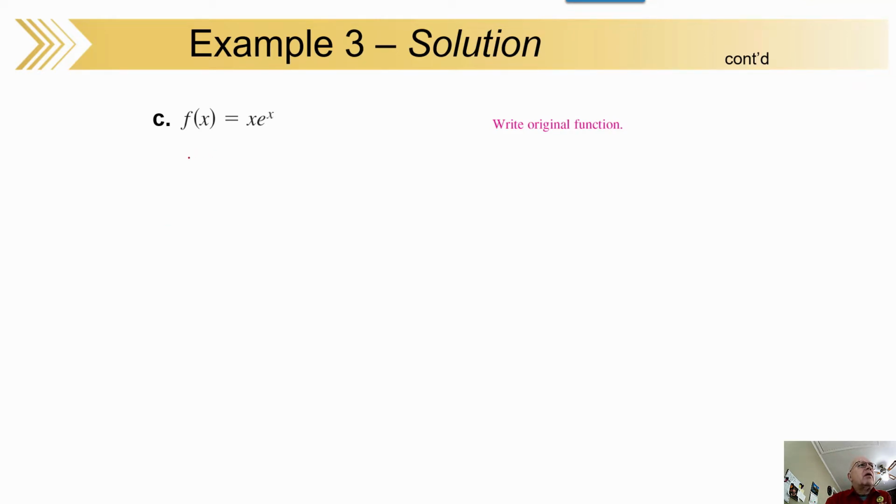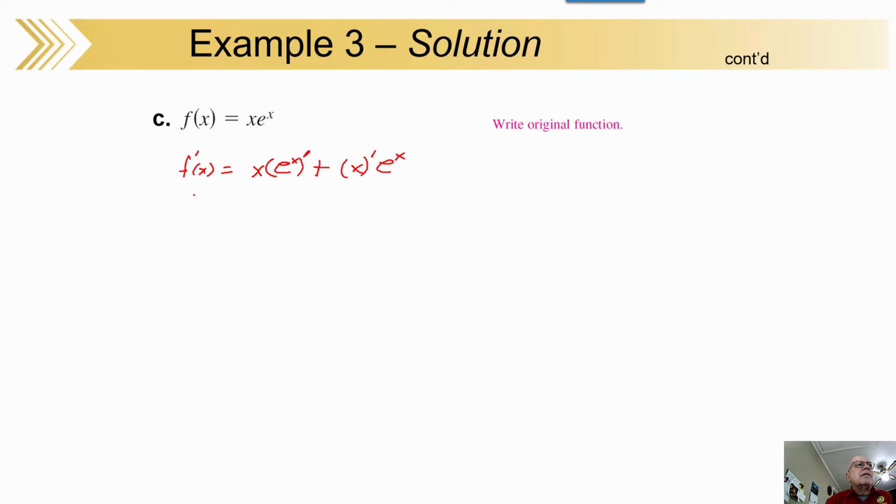Well, if we want the derivative of that, we're going to have to use the product rule. So x and e to the x, we're going to take the derivative of that, product rule, and put a plus in there. Then you'll have the derivative of x times e to the x untouched.